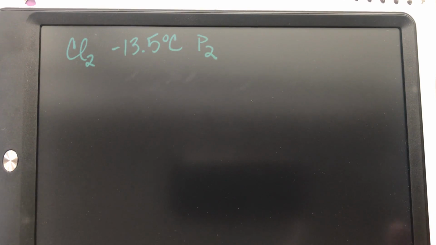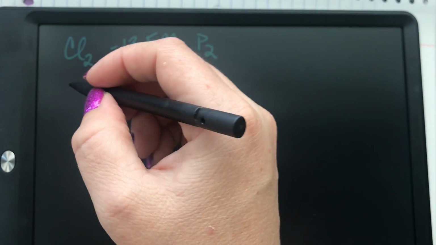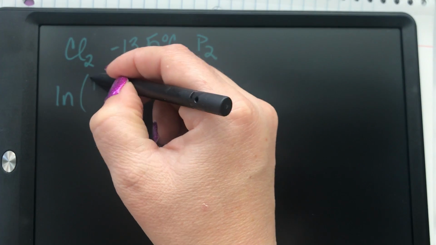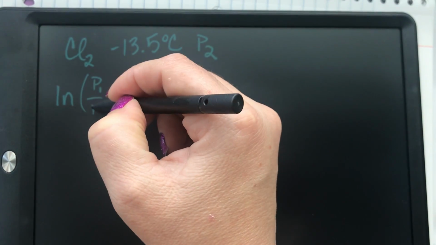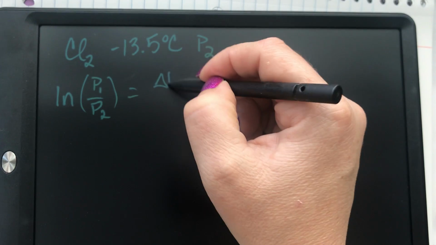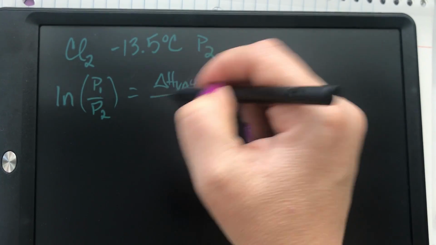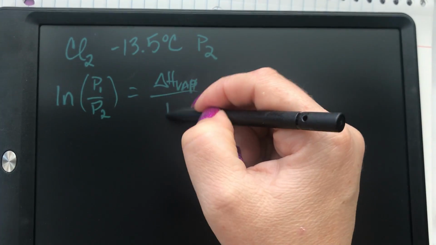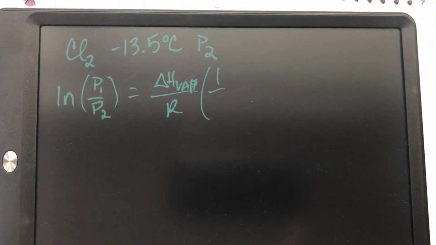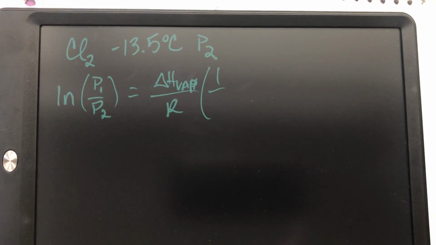And we're given the Clausius-Clapeyron equation, which has the ln of P1 over P2 is equal to the delta H of vaporization divided by R, 1 over T, I always get these mixed up, T2 first.